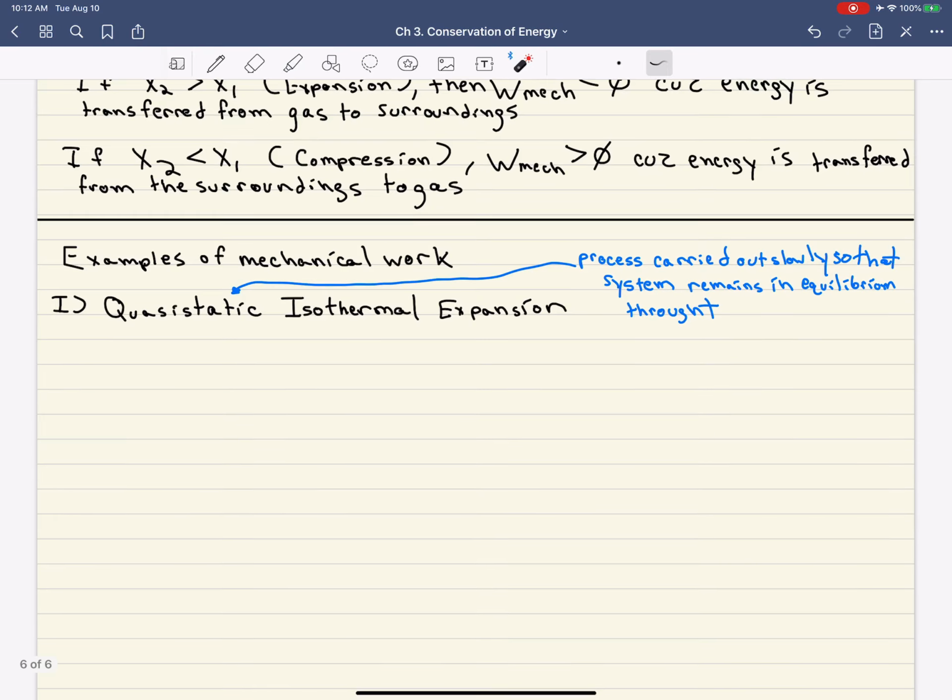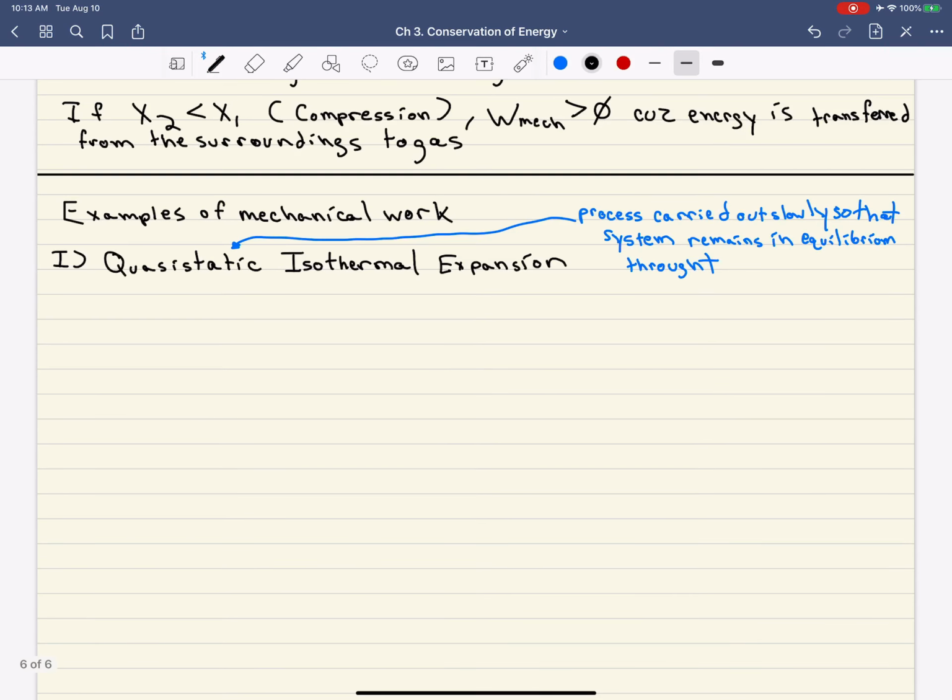And so with a quasi-static isothermal expansion, what has to happen in order to keep the temperature constant as the gas is expanding is that heat needs to be added to the system. And so we regulate the value of Q so that the temperature of our system is constant. Okay?